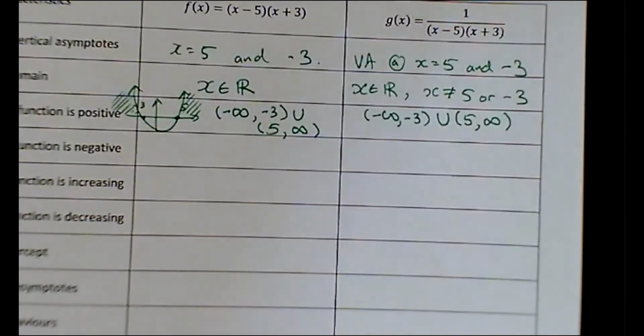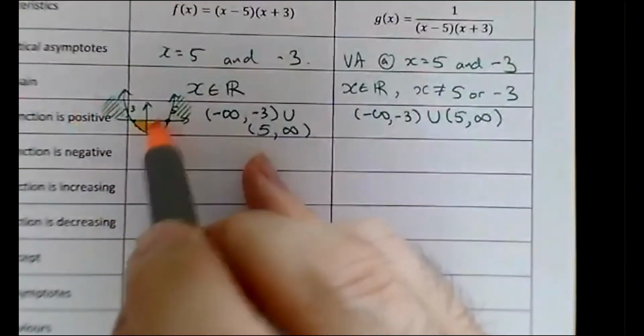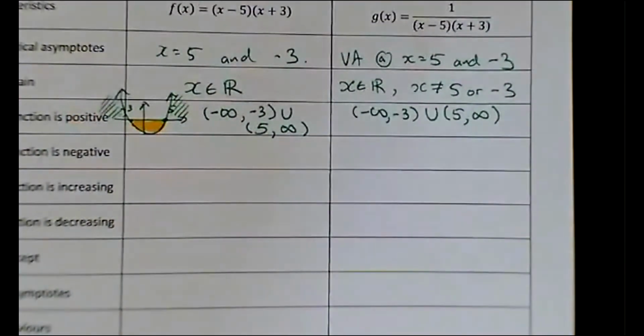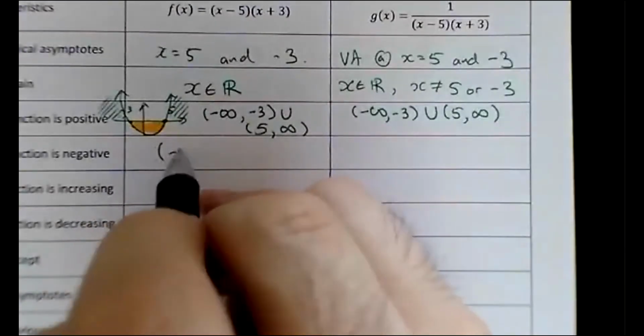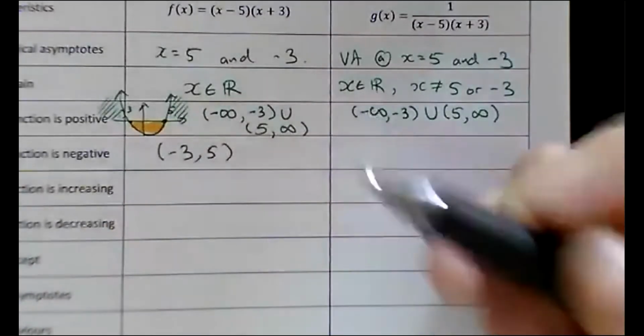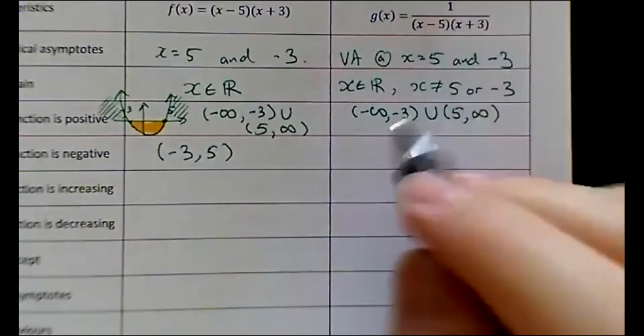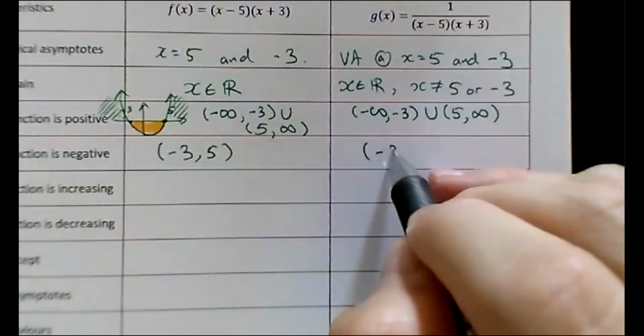Oh, that's gross. Okay, I'll use an orange. And the flip side, that section is going to be negative. So -3 to 5 will be on the negative side of my function. Same with this.